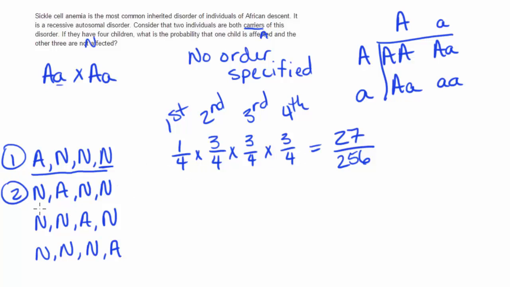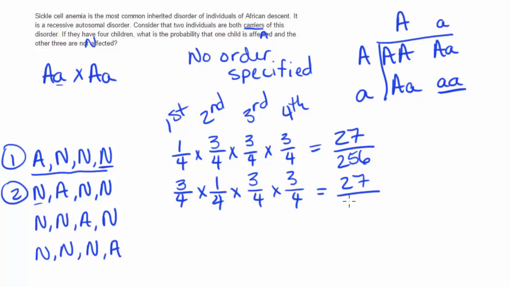We would look at the probability in this case of the first one being not affected, which again, if you look at your Punnett square, is going to be 3/4. The probability that that second one is going to be affected is going to be 1/4 because again, we're looking at this one here. The probability the third one will be not affected is 3/4, and the fourth one not affected is going to be 3/4. And if you go through and you multiply all of those, we're going to get the same thing, which is going to be 27 over 256.